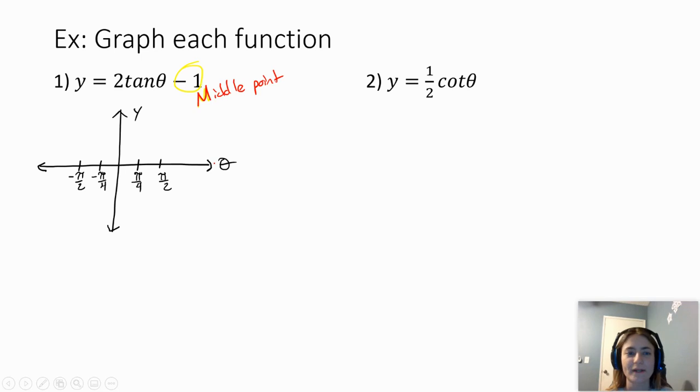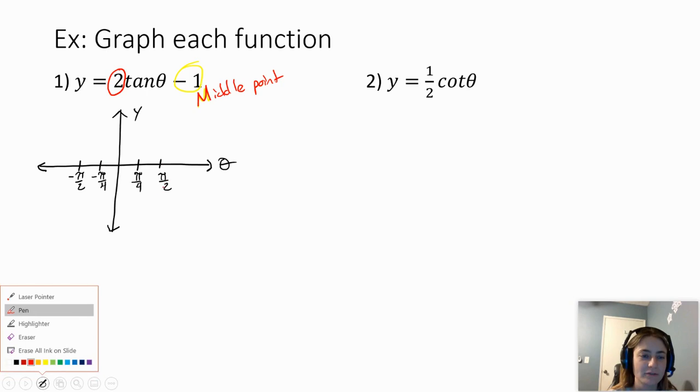shifts the middle point down by 1. And this 2 is what stretches our points at negative pi over 4 and pi over 4. So at the middle point, we go down by 1.